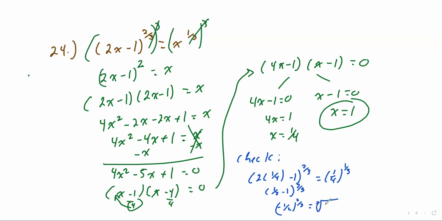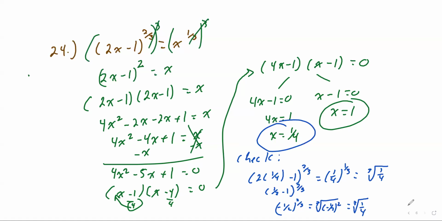So this is the cube root of negative 1/2 squared. And this right here would just be the cube root of 1/4. I can see that this will end up being the cube root of 1/4 as well, because negative 1/2 squared would just give me 1/4. So without actually figuring out what the cube root of 1/4 is, I do see that they're the same answer. So x equals 1/4 will also work.